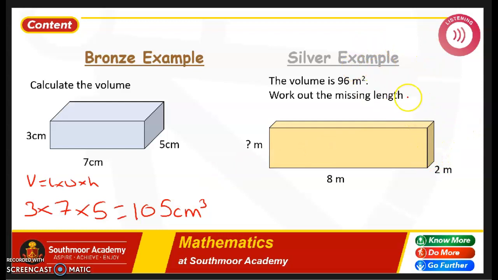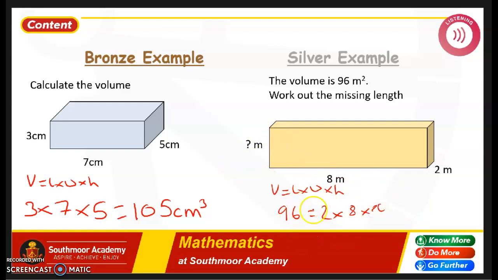Our silver example, we have to calculate this missing length when we've been given the volume. So if we know that the formula for the volume is equal to length times width times height, we've done 2 times 8 times something to get us to 96. So 96 equals 2 times 8 times, let's call this missing length x.